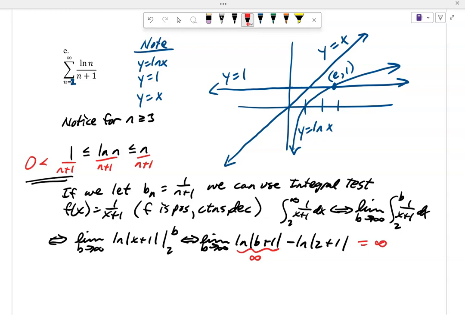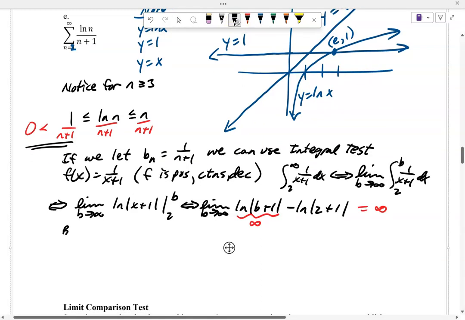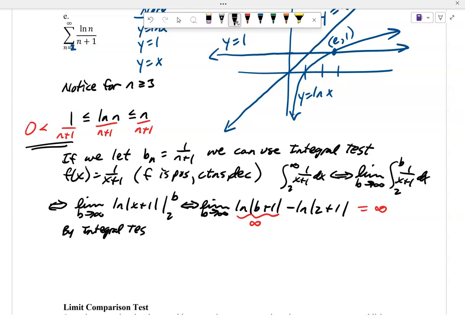So, let's write that. By the integral test, it diverges. Well, that was our smaller one. It was smaller than ln of n over n plus 1, right?